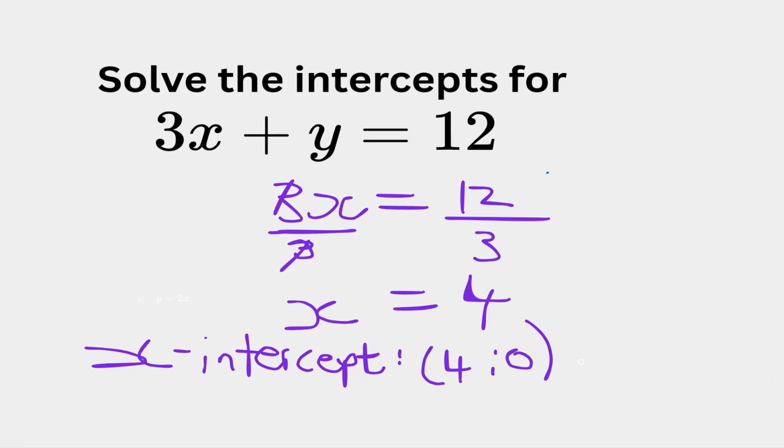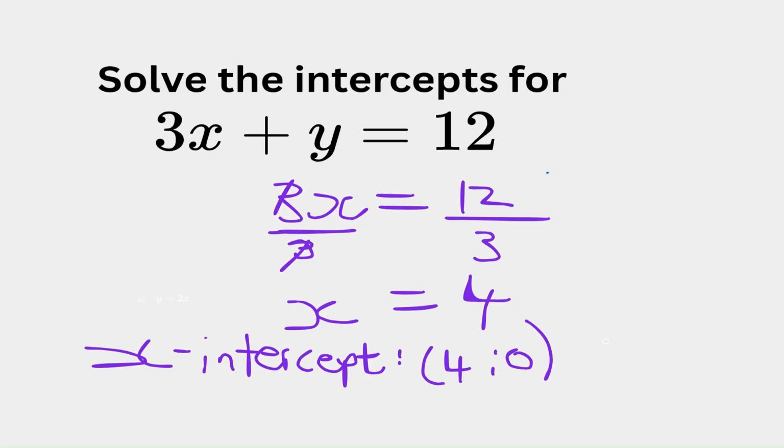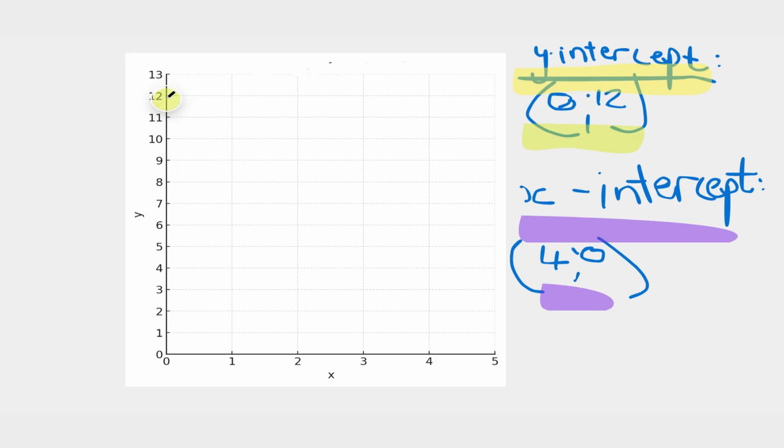You can plot both points, your x and your y-intercept, on a graph and then connect them. So now let's plot our x and our y-intercept. Our y-intercept is at 0 and 12.